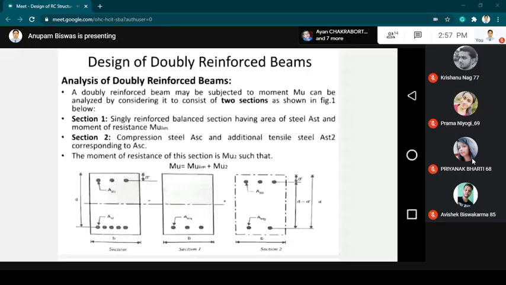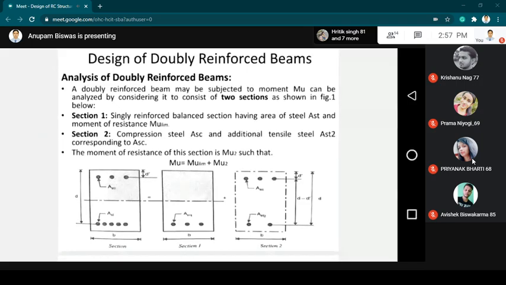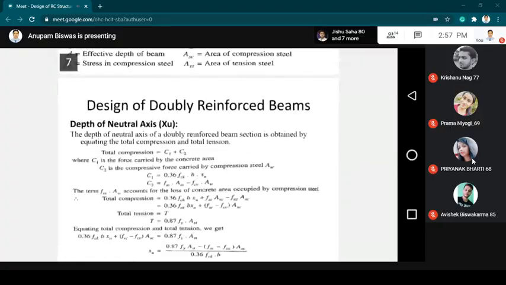So these three different types of area of steel are to be provided, and the combination will be a doubly reinforced section. So I'm just recapitulating yesterday's analysis of the double reinforced beam in this slide because it would be necessary.